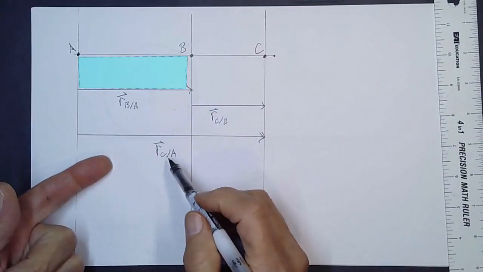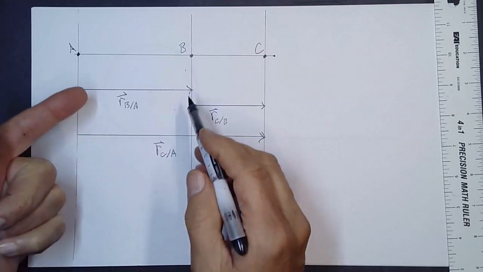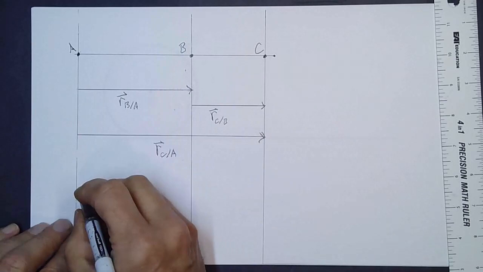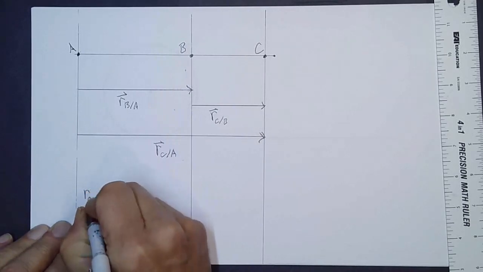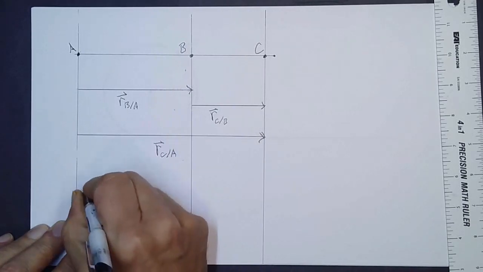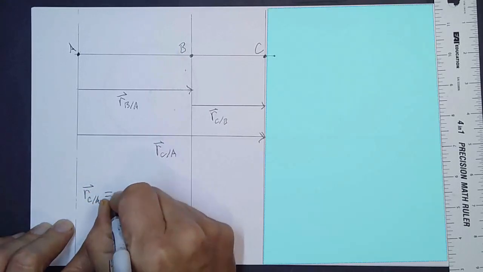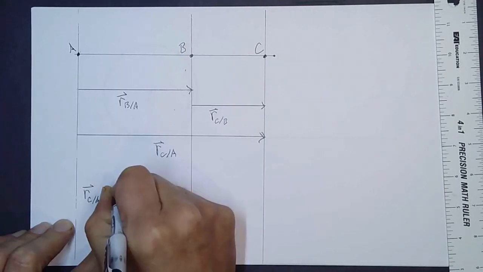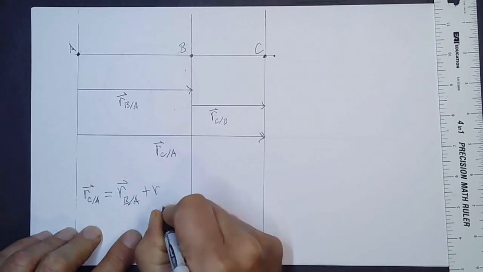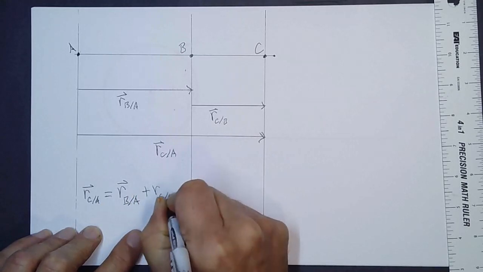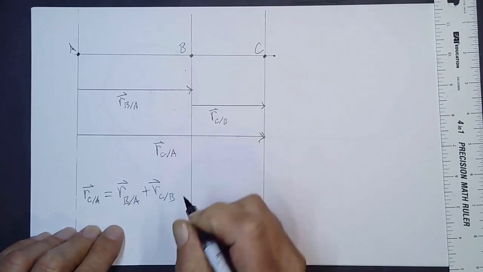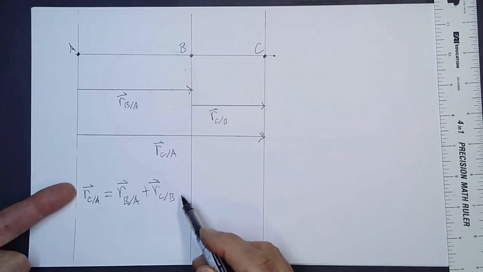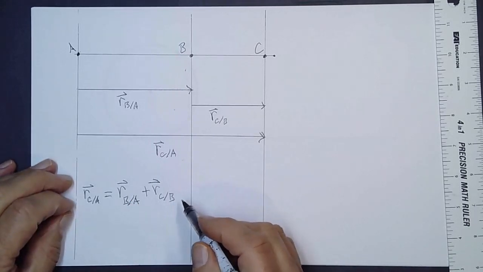But I think you can probably see that this vector plus this one equals this vector. And so we can say that the position of C with respect to A is equal to the position of B with respect to A plus the position of C with respect to B. And this relation is pretty much what all of these relative velocity formulas depend on.